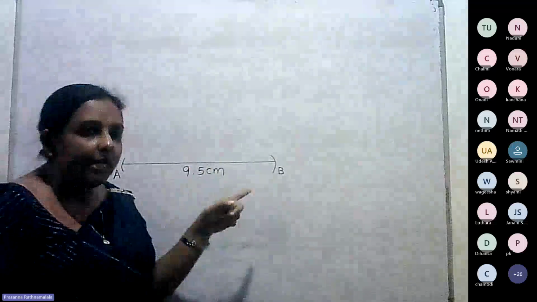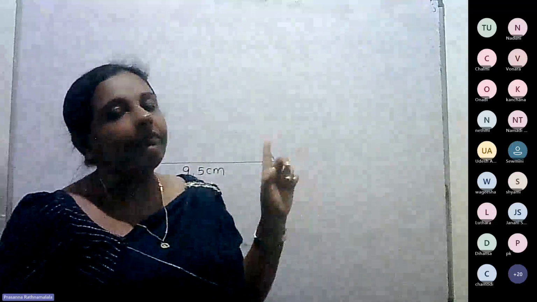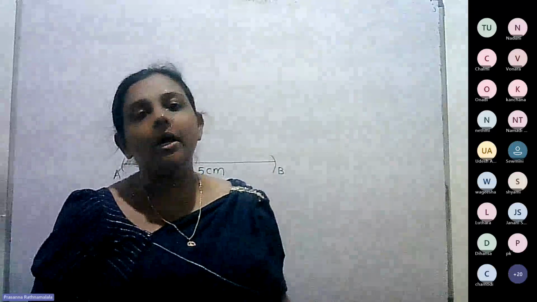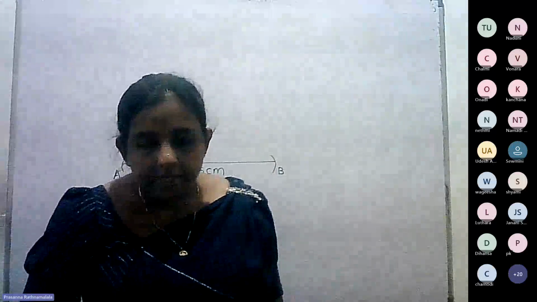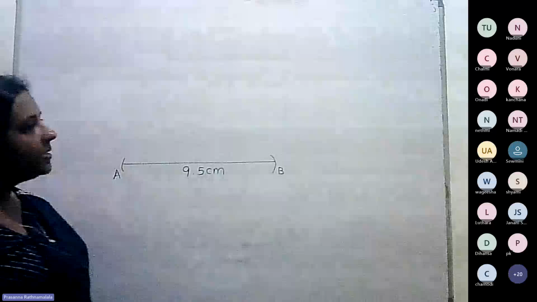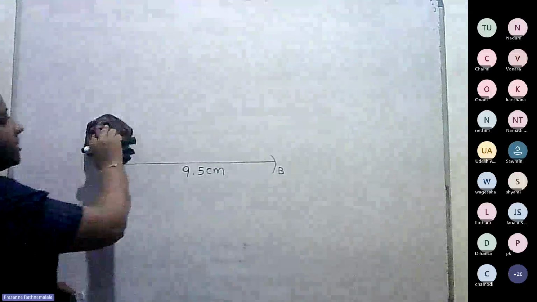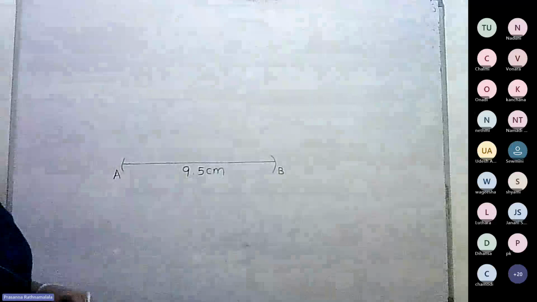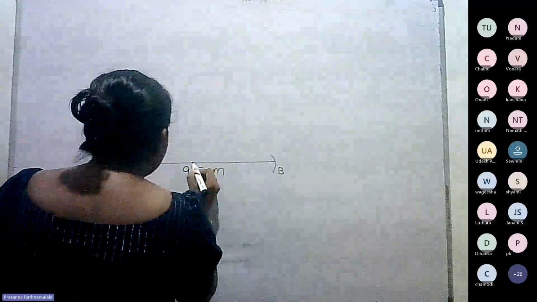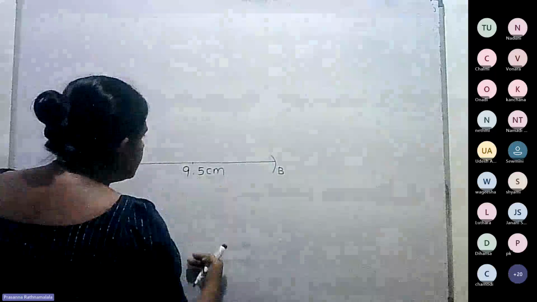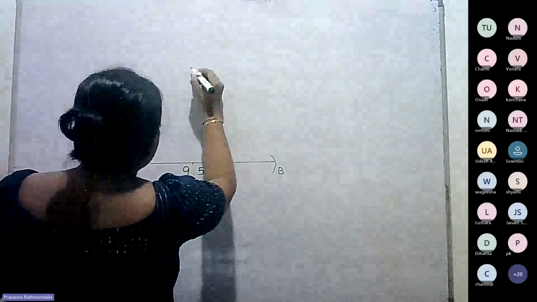Now to find the midpoint of AB, we have to construct the perpendicular bisector. You construct the perpendicular bisector of AB. First you construct that locus. Then you draw these two intersecting arcs on either side of this AB.